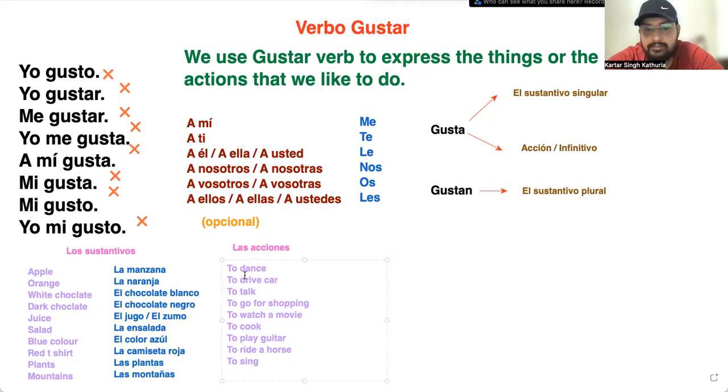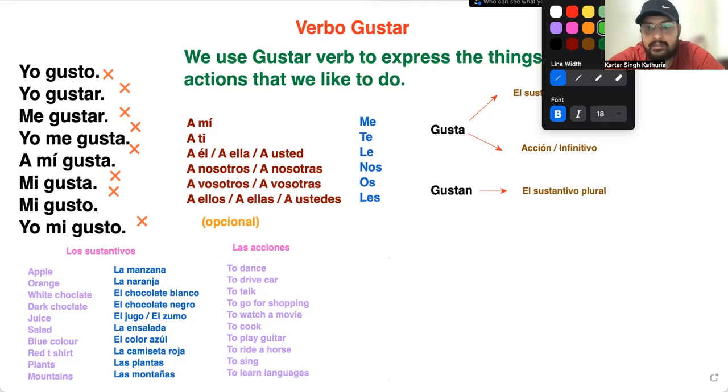I'm writing with two because this is how the infinitive forms will be converted. Like hablar is to speak. And then it can be I like to go on vacations, or maybe I can write I like to learn languages. These are different actions that we can like.